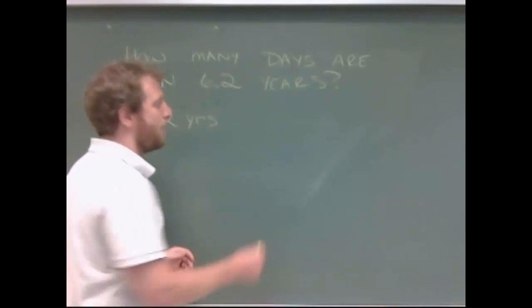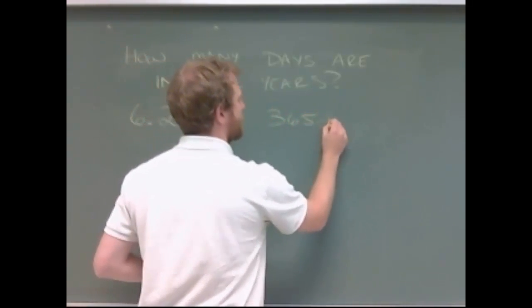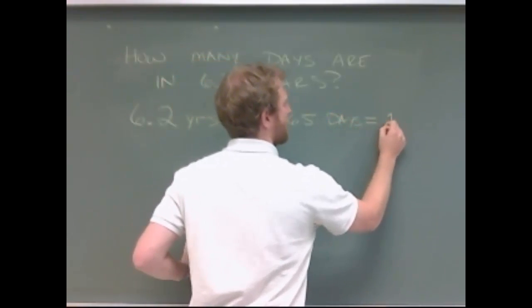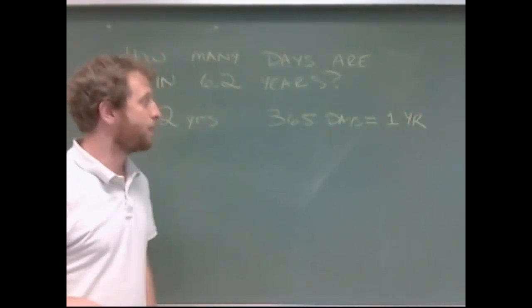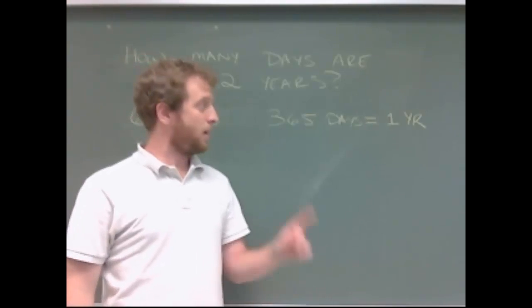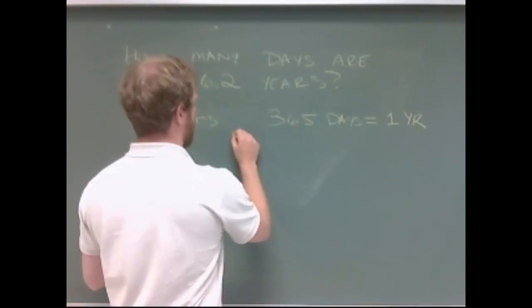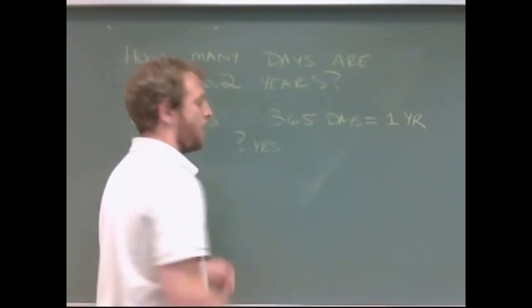You should remember that there are 365 days, and that equals 1 year, YR being year. That was my first step, identify what I know. Oh, and I have to figure out what unit I'm converting to.